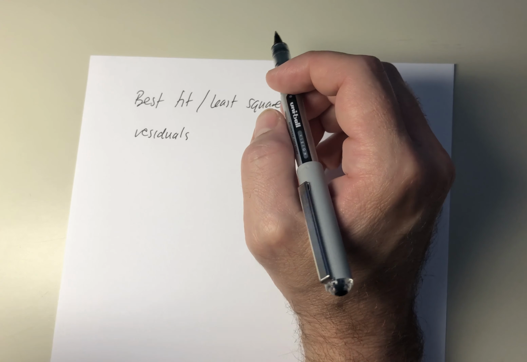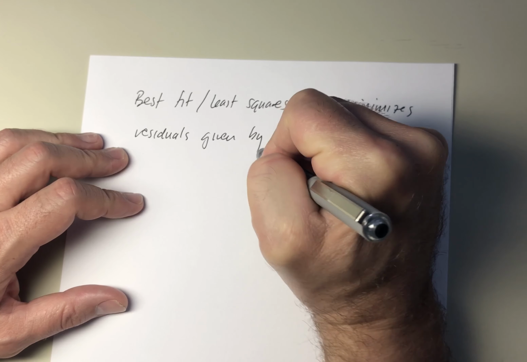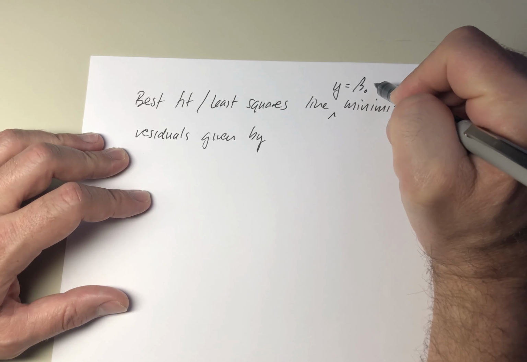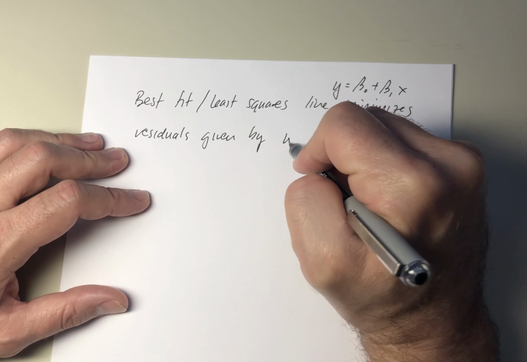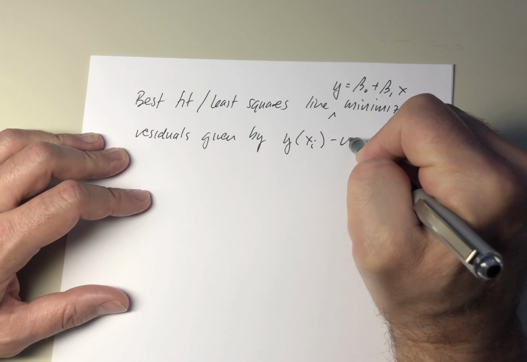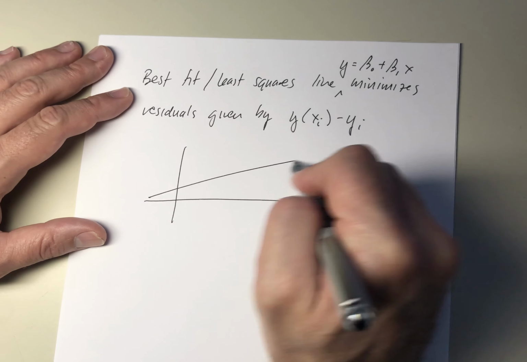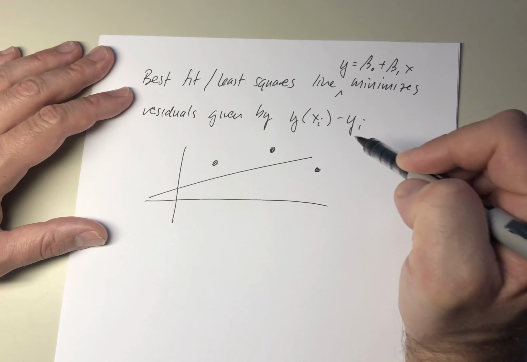Do I have a notation for that? I don't think so. So the residuals given by, so if your least squares line was y equals beta naught plus beta 1x, then this will minimize y of xi minus yi. So what do I mean by that? Well, let me just do an example. I guess I need 3 points to make it look interesting here.